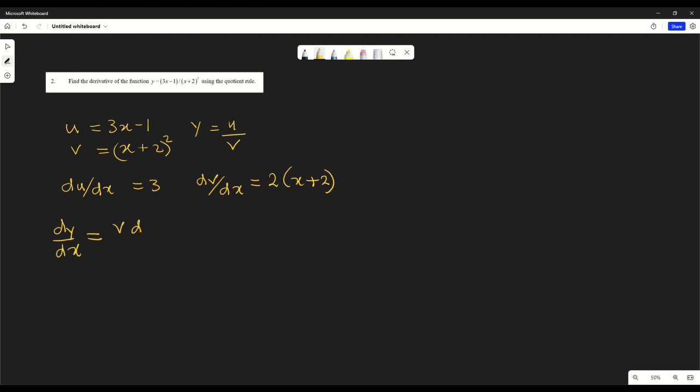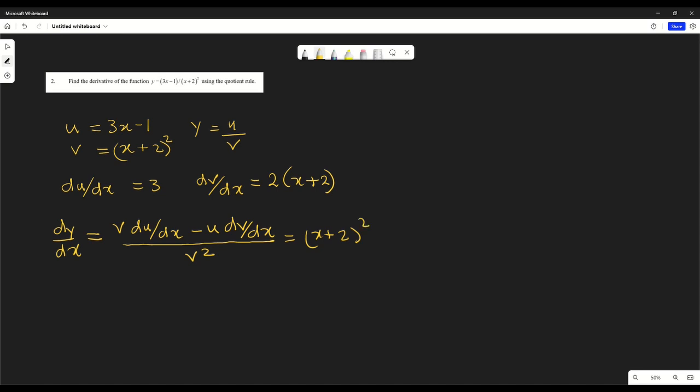dy dx is equal to v du dx minus u dv dx, divided by v squared. And we've got all the information we need to calculate this.